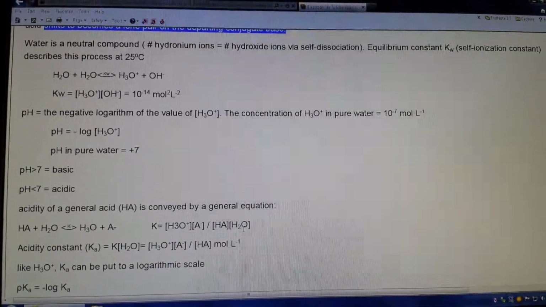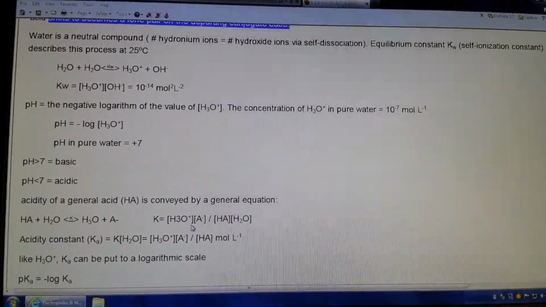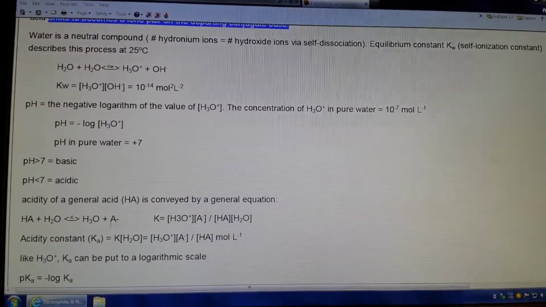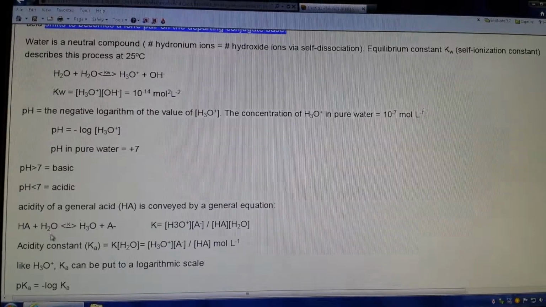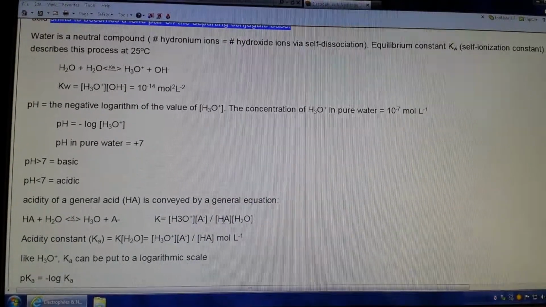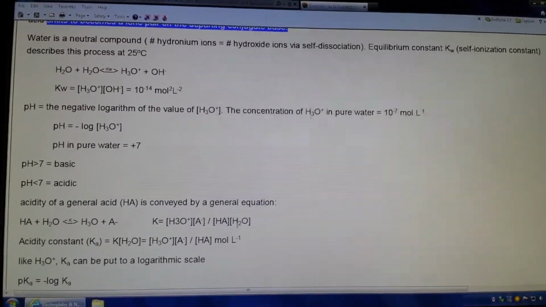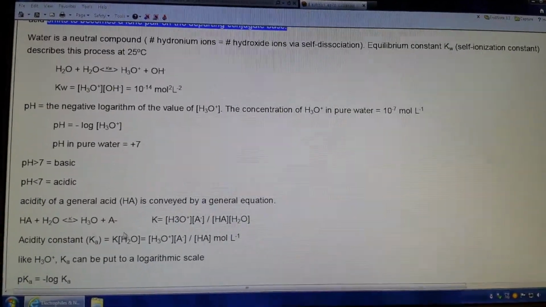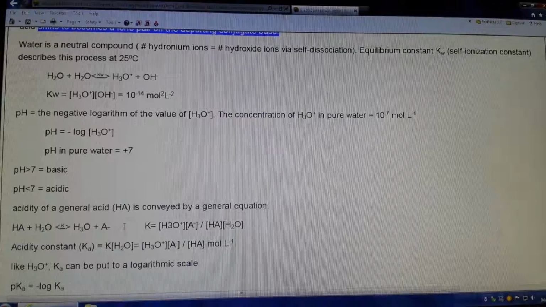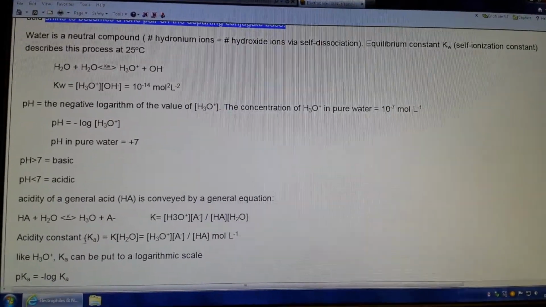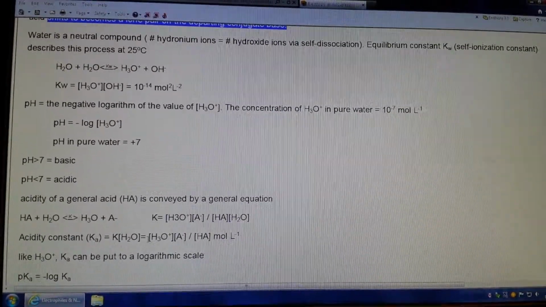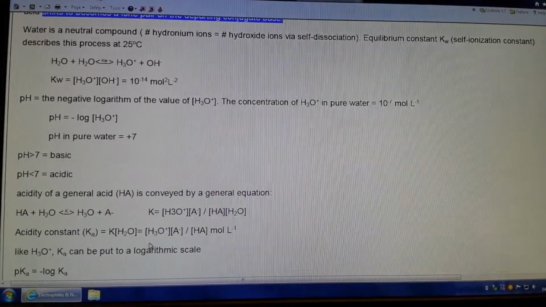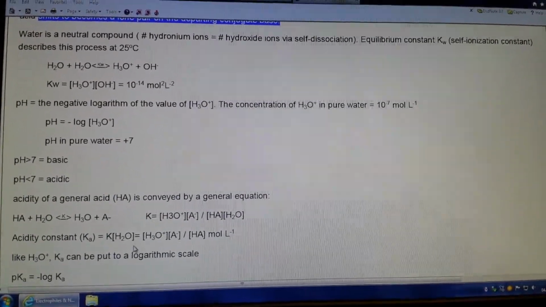Since water is in large excess, you can take it underneath, so the acidity constant Ka equals K times H2O.